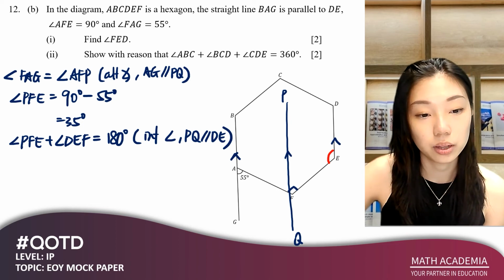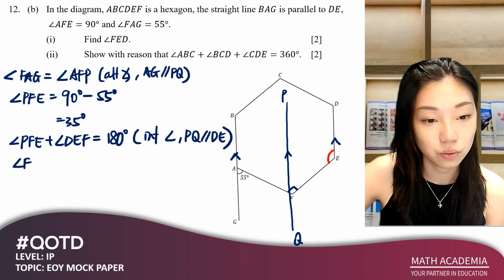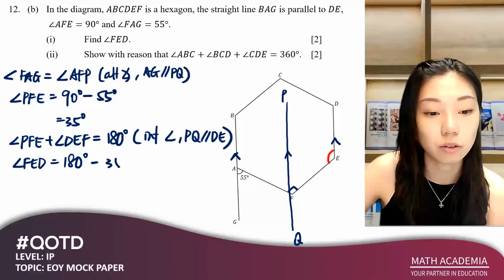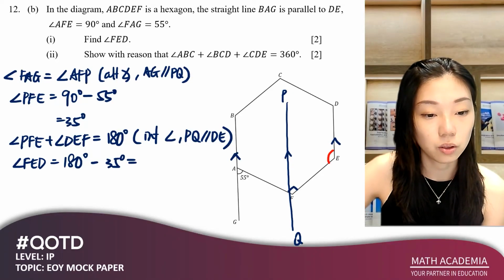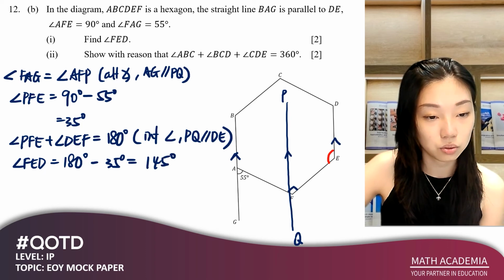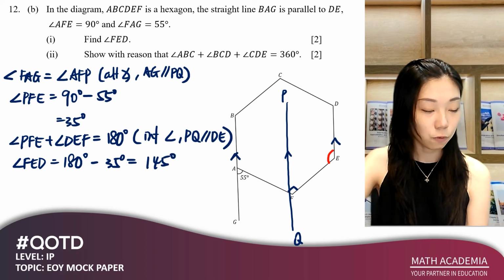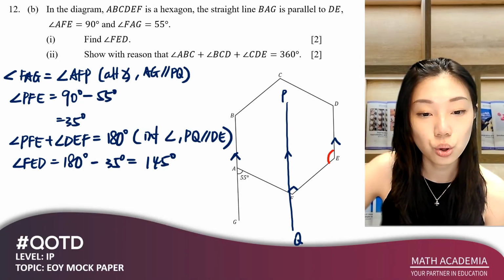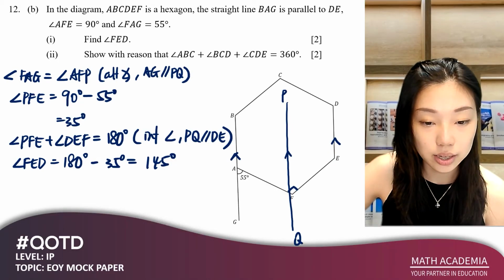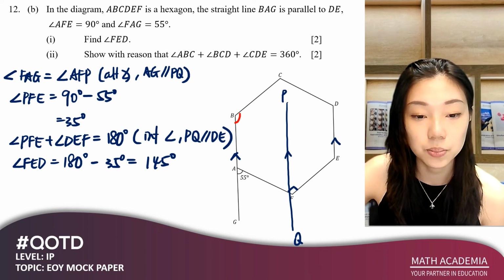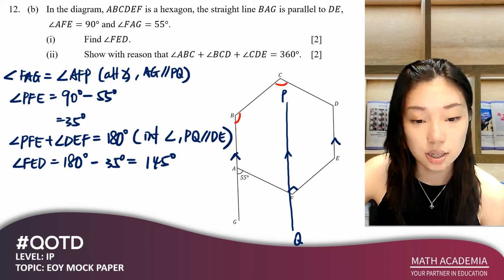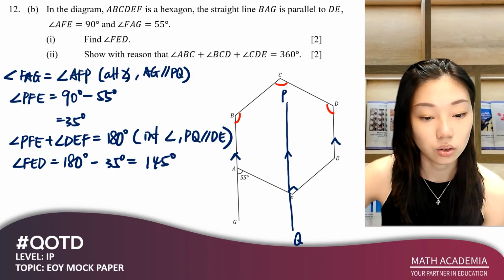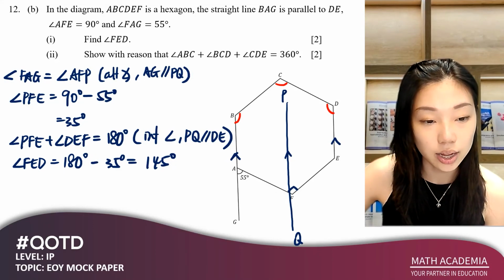So angle FED equals 180 minus 35, which leaves me with 145 degrees, which is my answer for part 1. Then let's look at part 2: show with reason that ABC plus BCD plus CDE equals 360 degrees. That is not very hard.